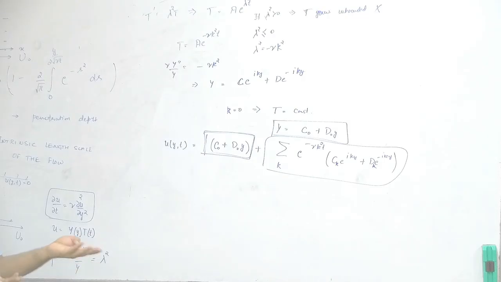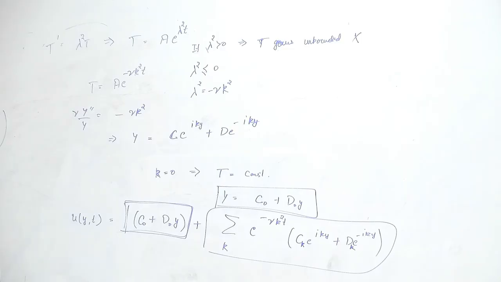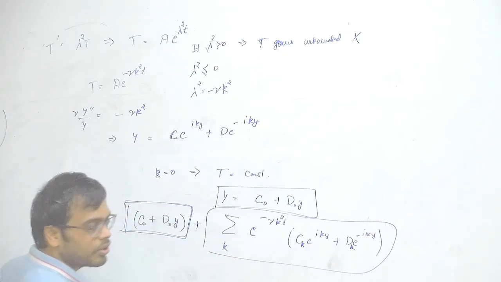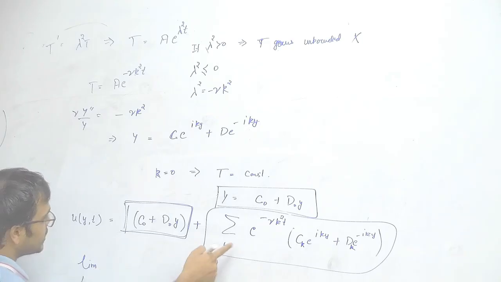That depends on the values of k, ck and dk. Let us say irrespective of whatever values of k, ck and dk are, when will this whole thing be 0? In the limit t tends to infinity, this term is going to make sure that things are 0 here. Which kind of solution do we have when t tends to infinity? A steady state solution.